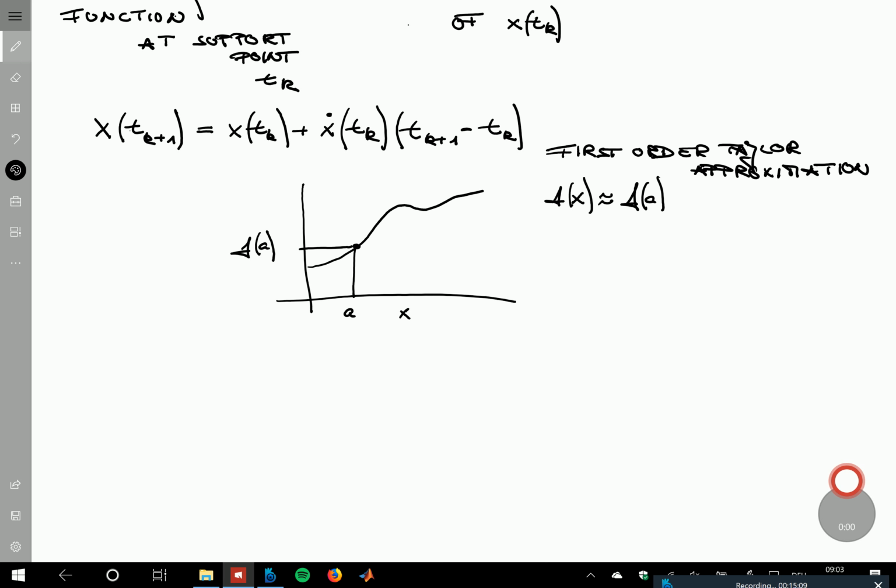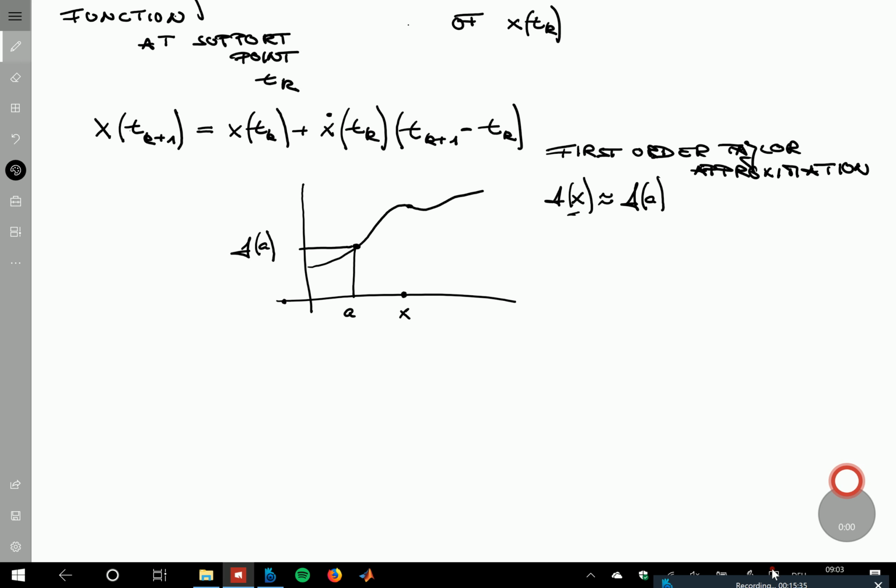So the first order Taylor approximation says that the value of f at x, so x can be, for example, here, it can also be here, is approximately the value of f at a. That's quite a bad approximation, because if you are here for x, then of course your f of x is up here, and this is quite different from your f of a.